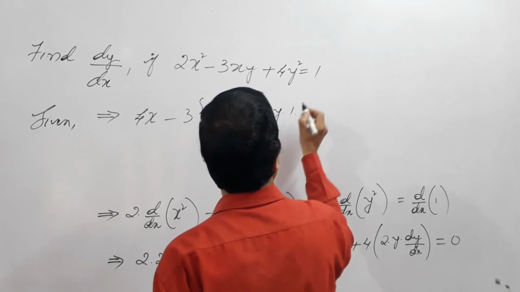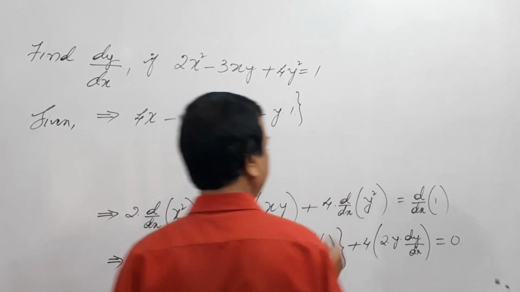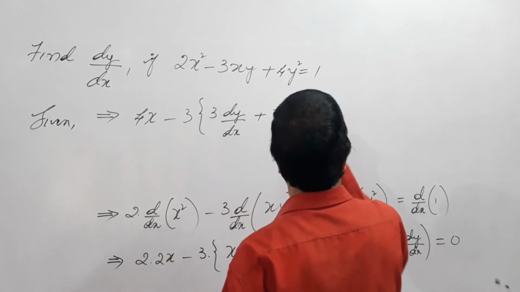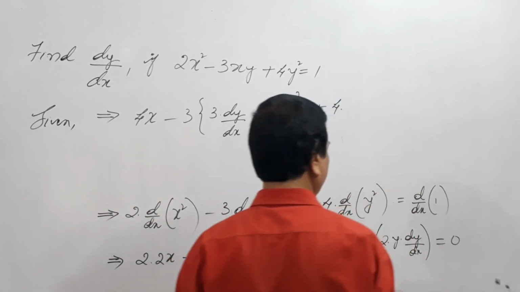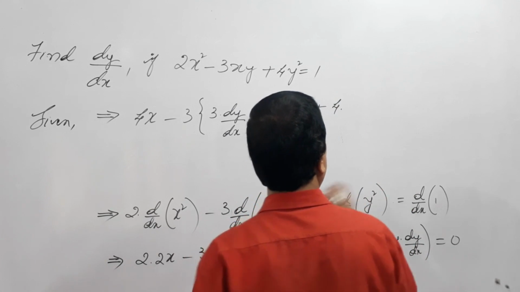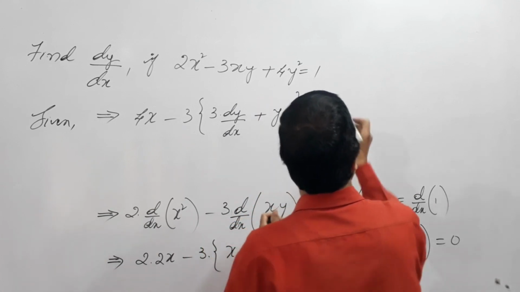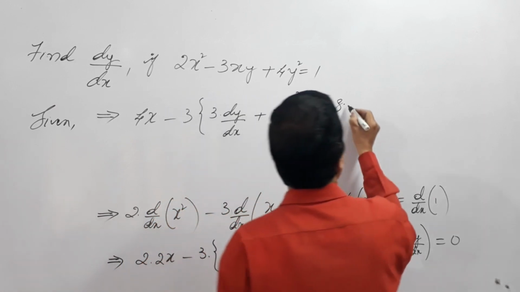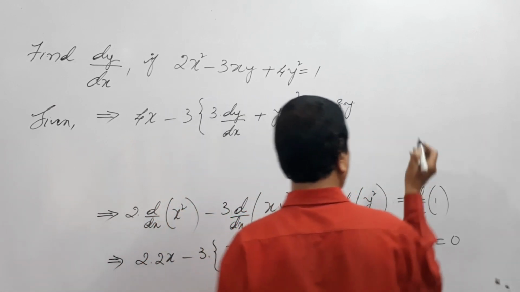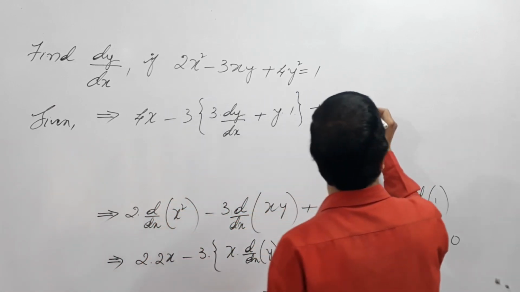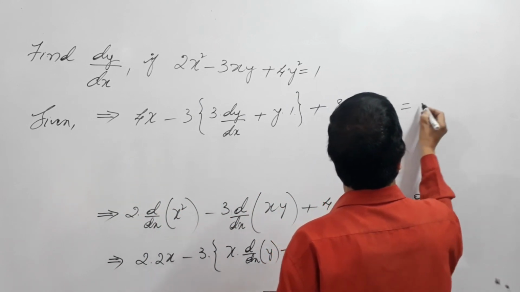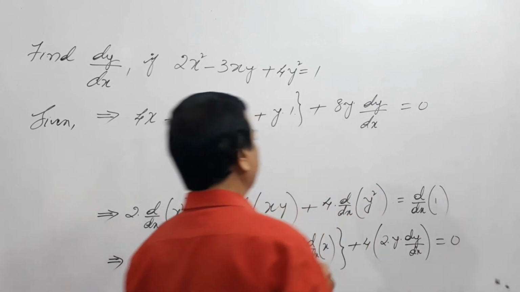So this is 1, close the bracket. So plus 4 into 2, this becomes 8. 8 straight away, right? 2 4s are 8, into y into dy by dx equals to 0.